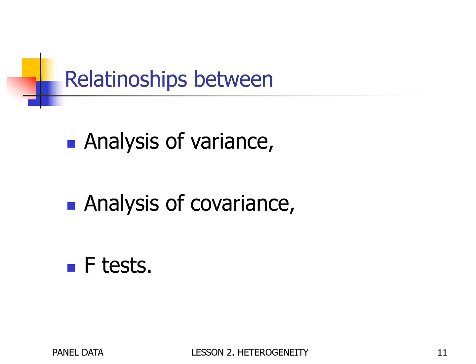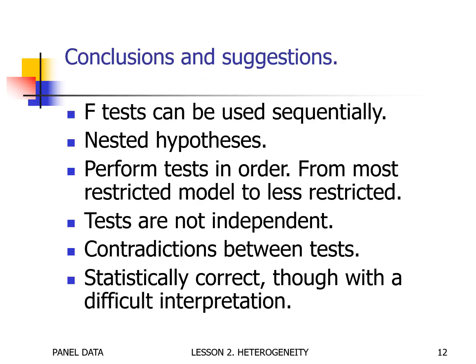There are other ways of dealing with this. We just stick to the F-tests which are available in Stata and in other packages. And to conclude, I would like you to think of these conclusions and suggestions.